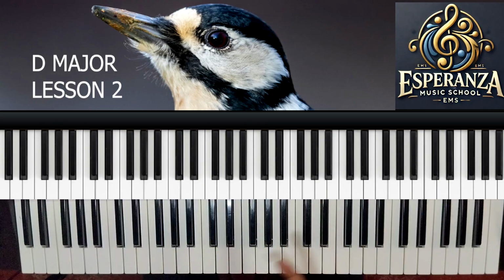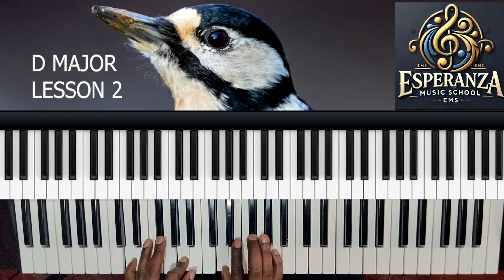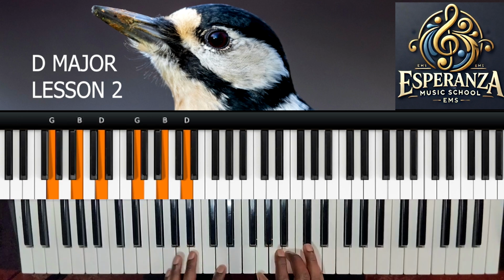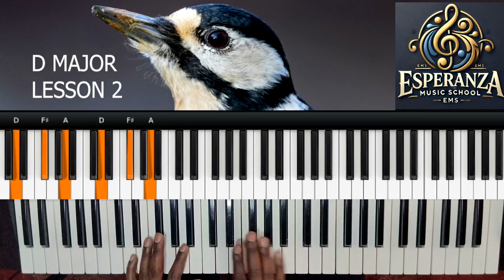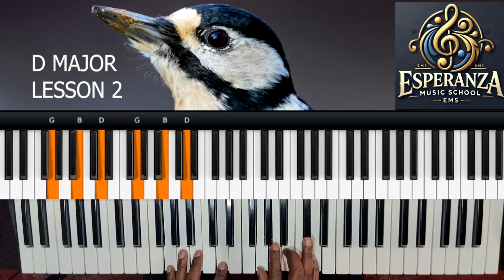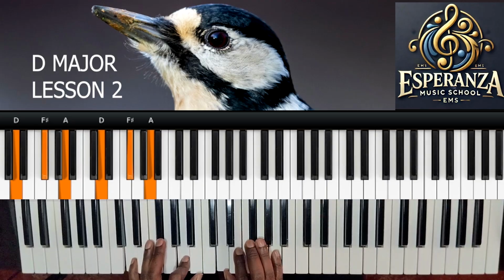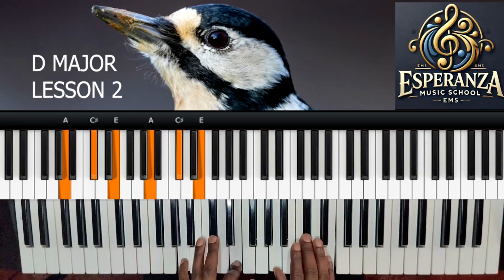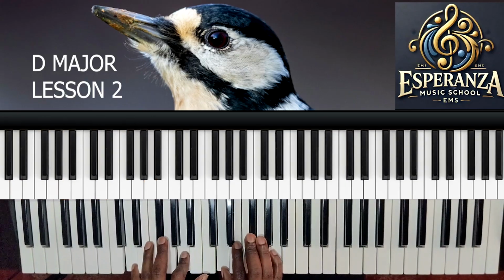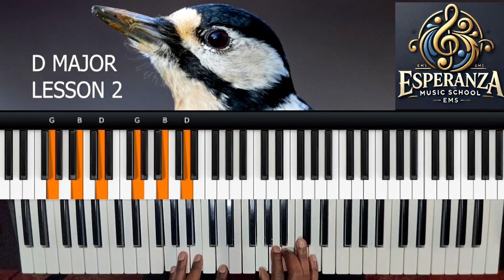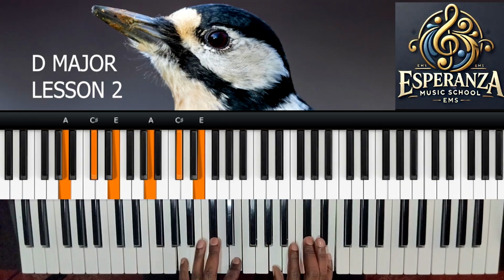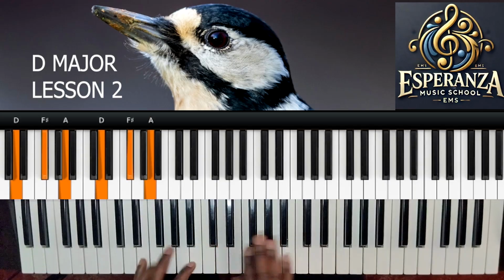A very, very simple song. Also, the song is moving from chord 1, to the 4, going back to 1, again 4, then 5, and back.